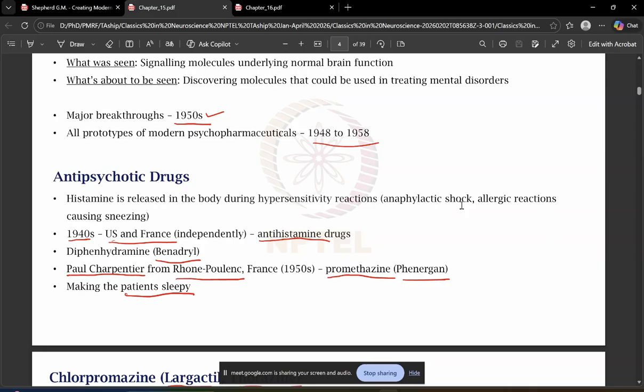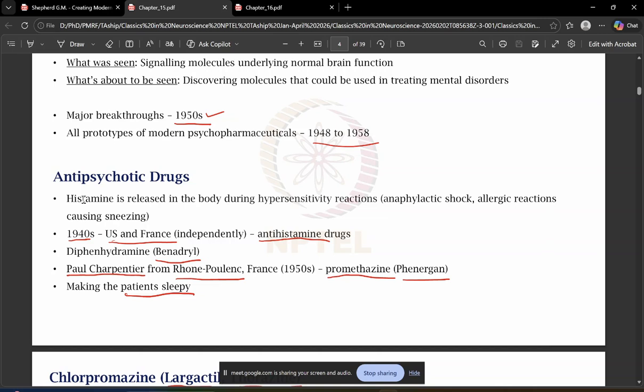For example, if they are stung by a bee or a wasp, then that can lead to extremely acute and possibly lethal hypersensitivity reactions, which are referred to as anaphylactic shock. And all of this is perpetrated by the release of histamine, which is a neurotransmitter.